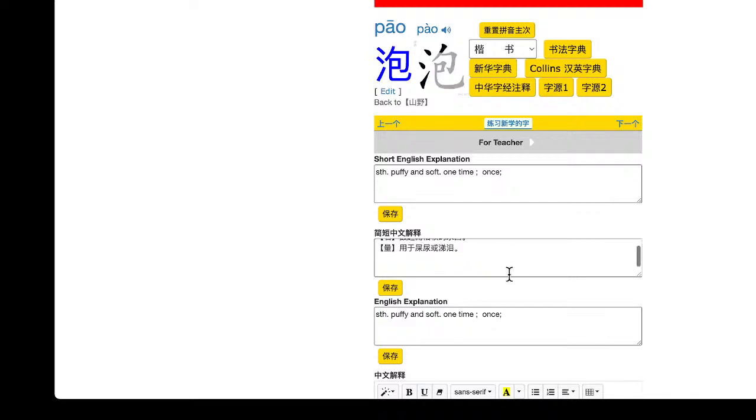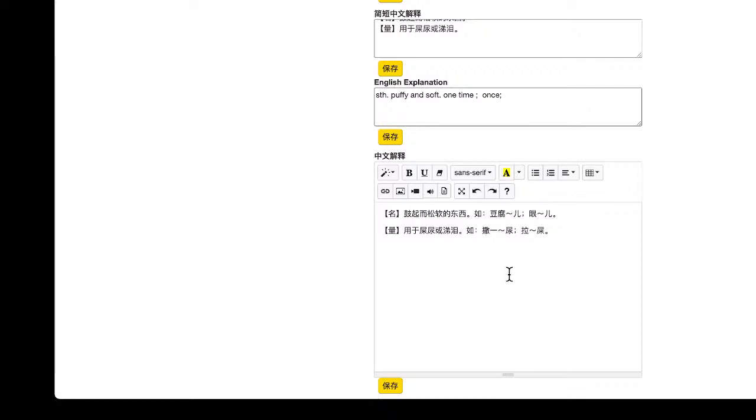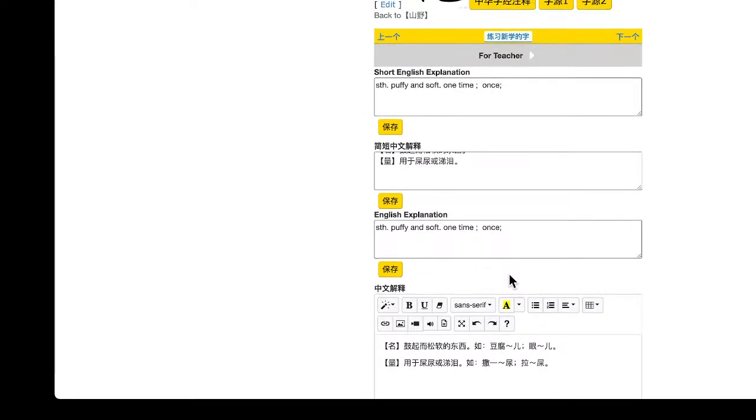That kind of thing is called 泡. 豆腐泡 are soybean curds that are very soft, with a lot of bubbles in them. It's called 豆腐泡.